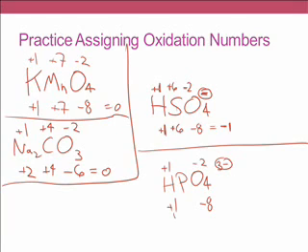So these two together must add up to a -3. So what does that mean? This one must be a +5 because 5 minus 8 equals a -3. So phosphorus has an oxidation number of +5.